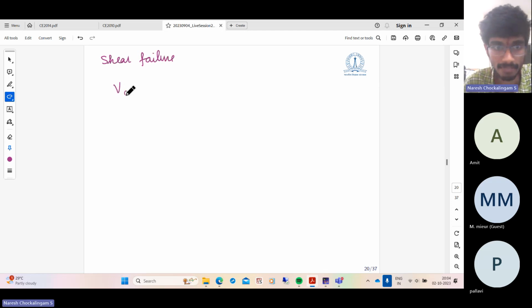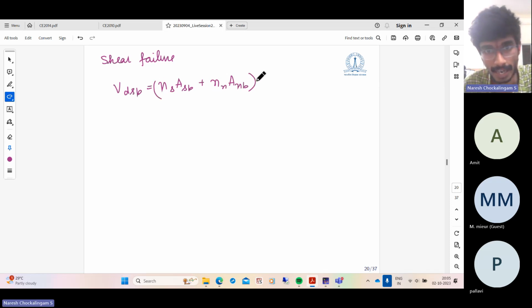We saw that VDSB is equal to the number of shear planes passing through the net area, the shank area, NS into ASB, plus NN into ANB. This total area into FUB by root 3 gamma MB has to be less than or equal to the applied force.